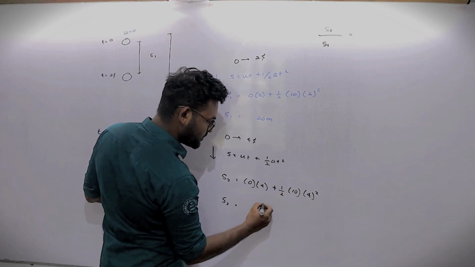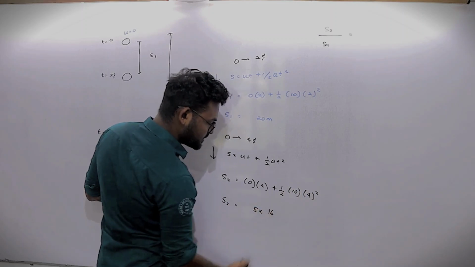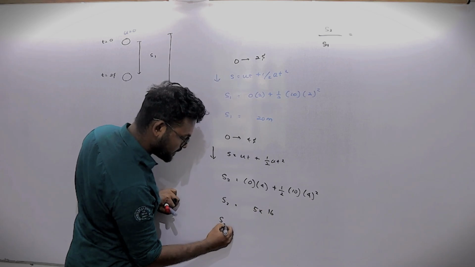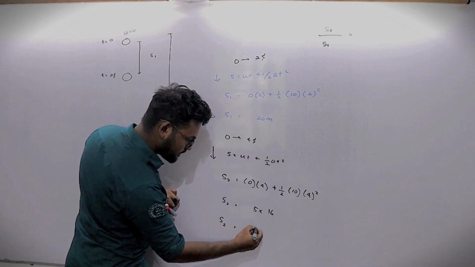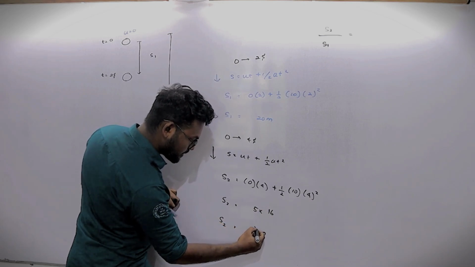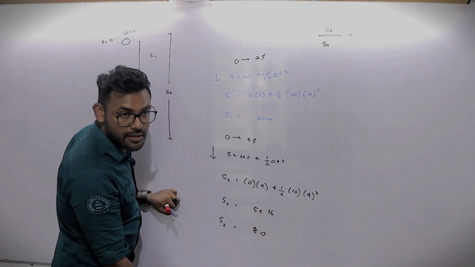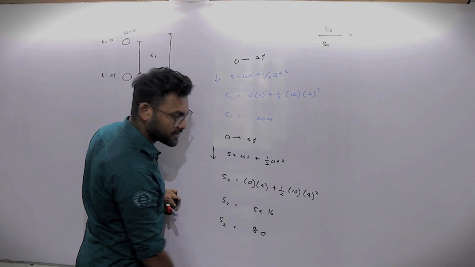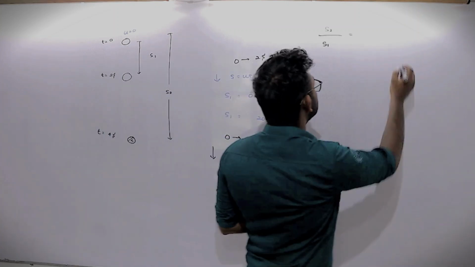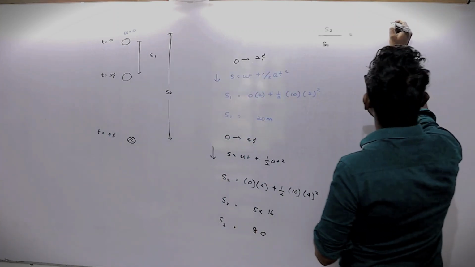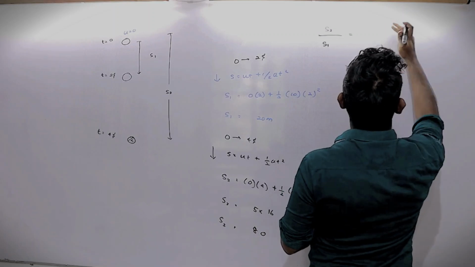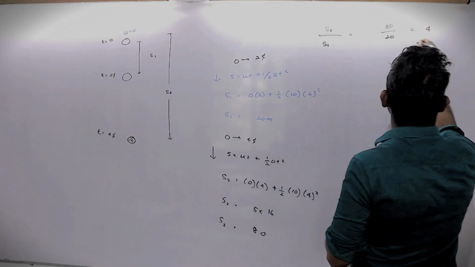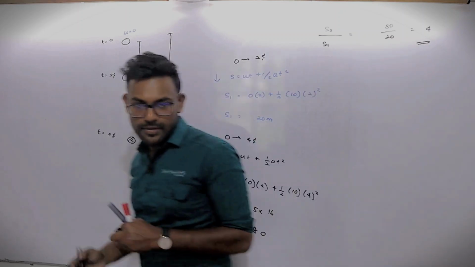S2 equals 5 into 16, that is 80. So we're going to have 80 over 20, that is 4. Right.